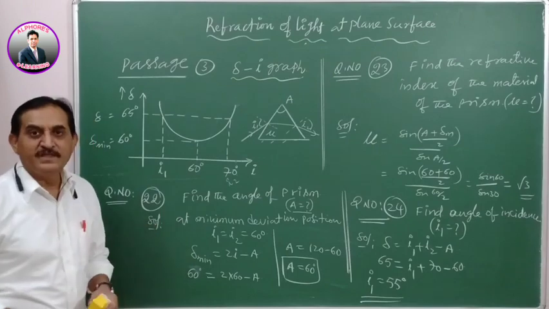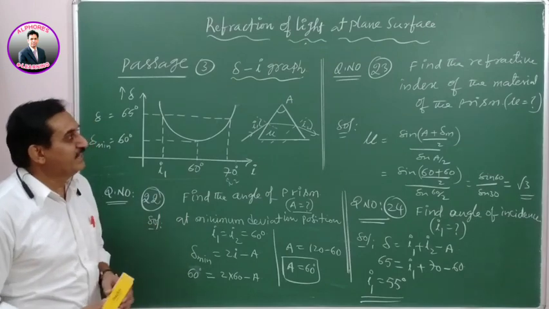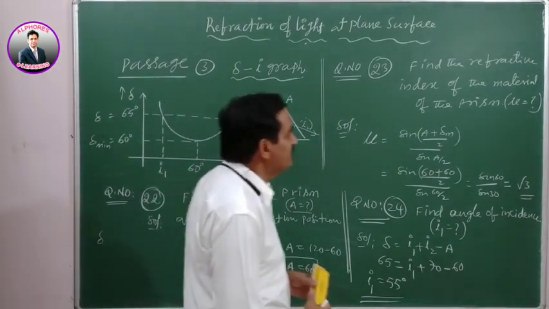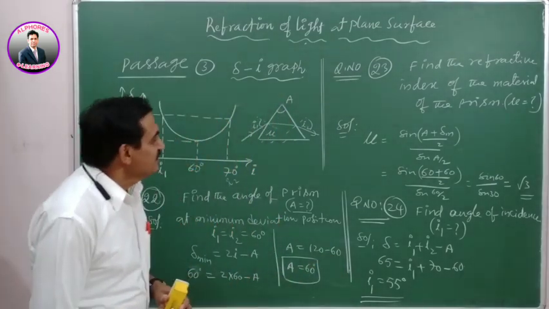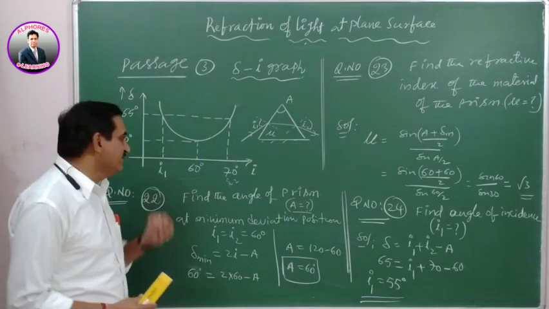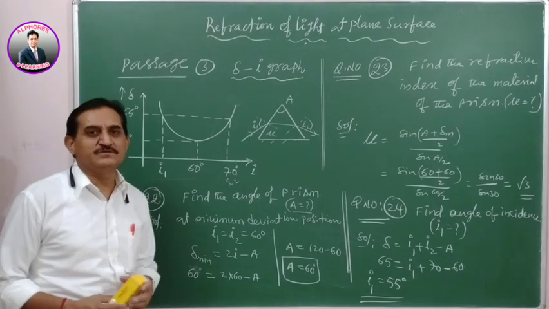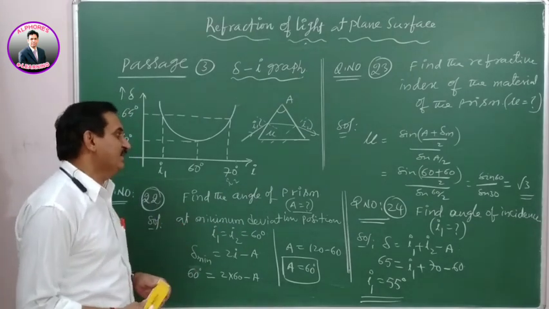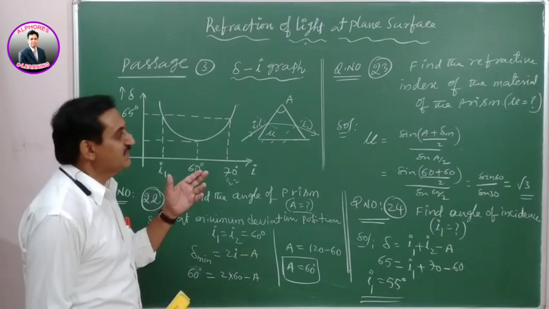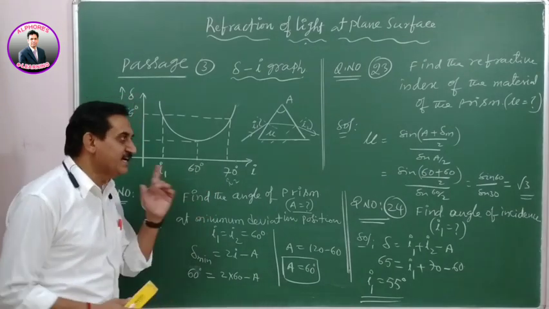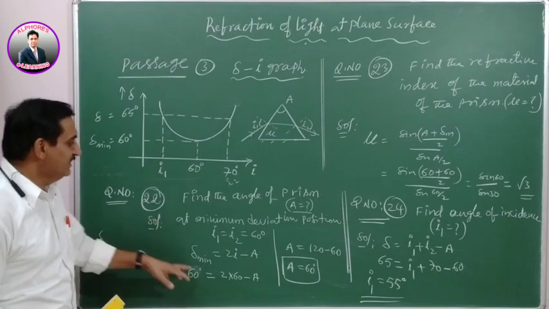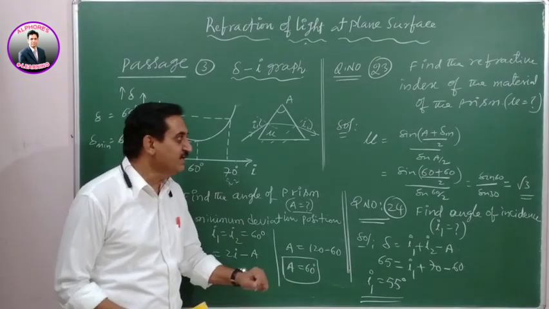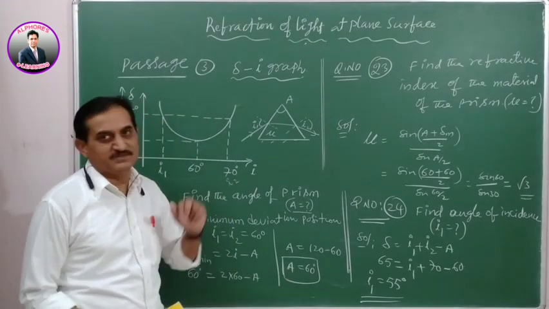That's the first question. Go for the second one, find the refractive index of the material of the prism. Here at minimum deviation position, we can use the formula directly, because the refractive index mu is asked. A is calculated from question number 1 and used in question number 2.